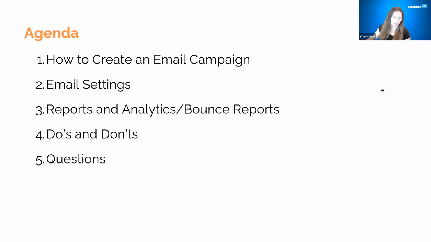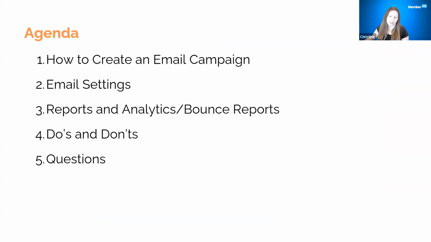So for the agenda, we're going to go over how to create an email campaign, a super simple process, how you can save it, how you can use templates, how you can duplicate, all those fun things. Do's and don'ts while doing your email campaigns to ensure that things do not go into spam filters, and things that you should do to prevent them. We'll also go through some of the settings that you can adjust for those.